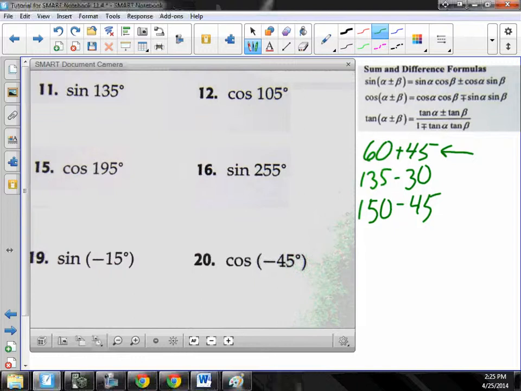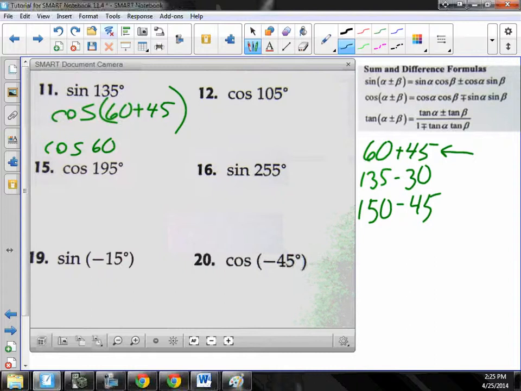So I'm going to go ahead and pick the first one. So the cosine of 105 is equivalent to the cosine of 60 plus 45. Now this is a cosine sum problem. On a cosine sum problem, do I add or subtract the answers? Subtract. So I need to write it out. Cosine of 60.